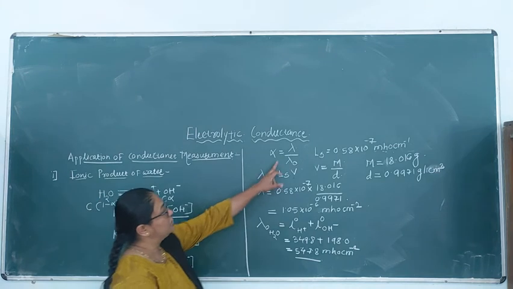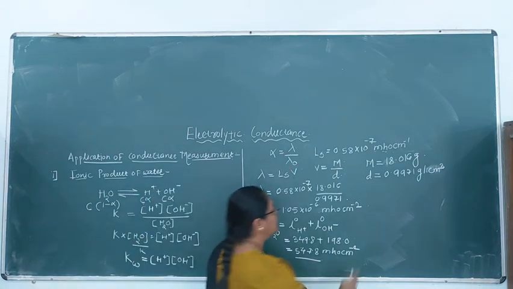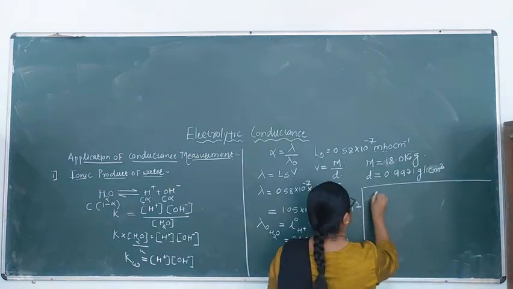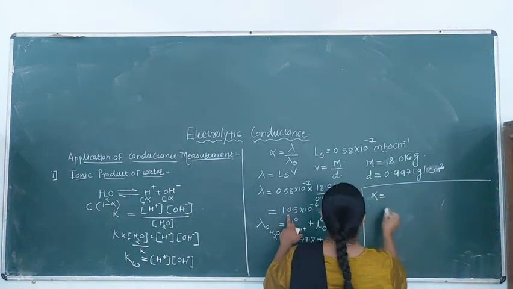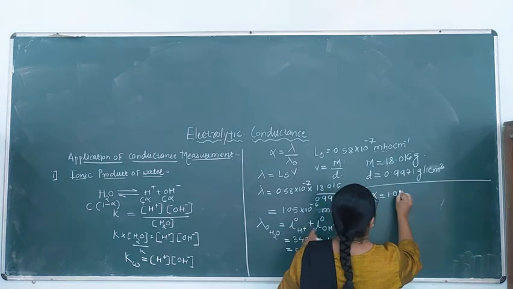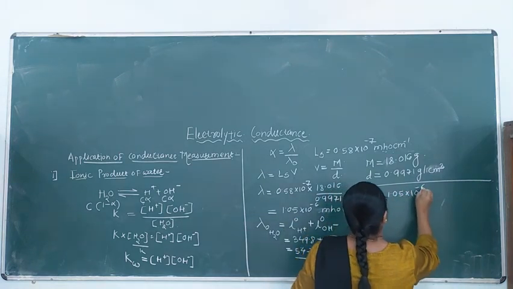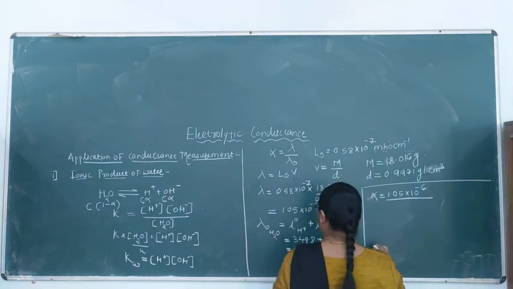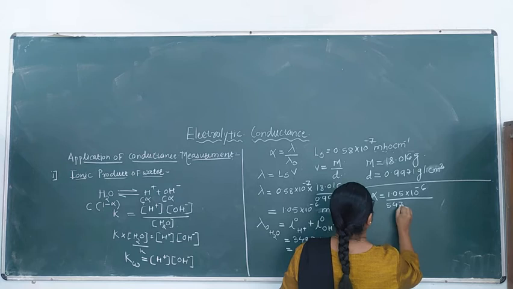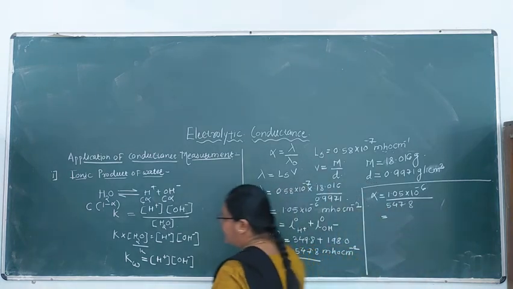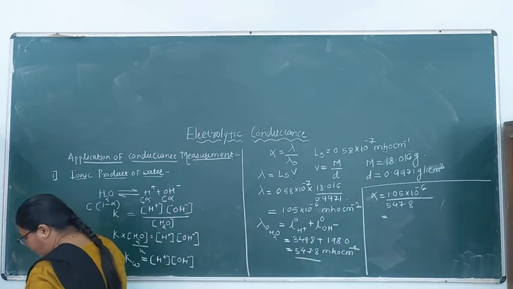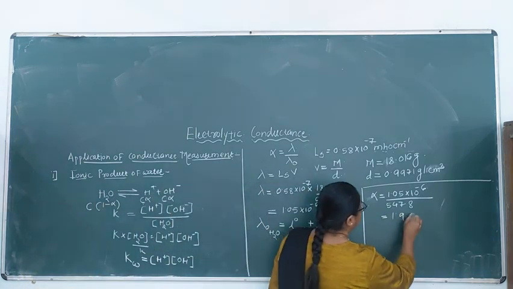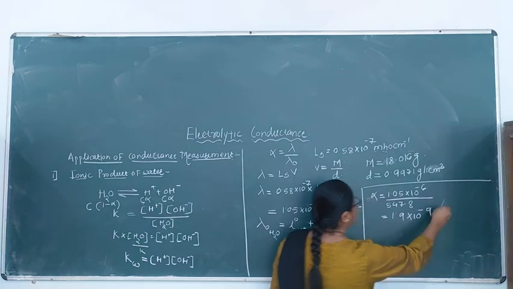Now we have got both lambda and lambda 0. So we can now calculate alpha. So alpha is equal to our equivalent conductivity for 1 gram equivalent of the water, 1.05 into 10 to the power minus 6, divided by lambda 0, 547.8, and therefore alpha is 1.9 into 10 to the power minus 9.